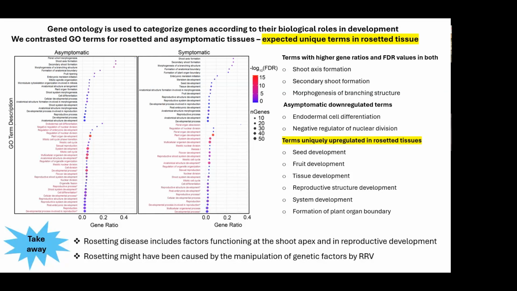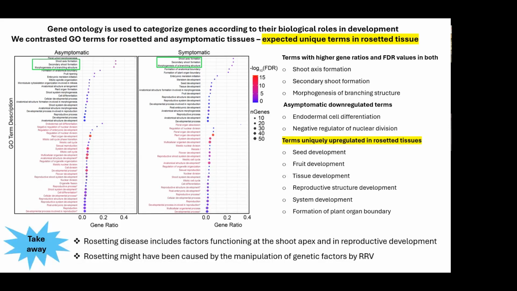shoot, but we looked at the GO terms with higher gene ratio and FDR values in both, and we found there were 3 terms which were shared in both asymptomatic and symptomatic: shoot axis formation, secondary shoot formation, and morphogenesis of branching.